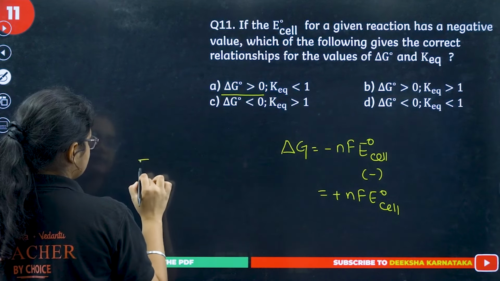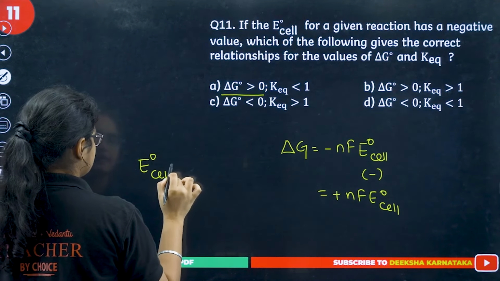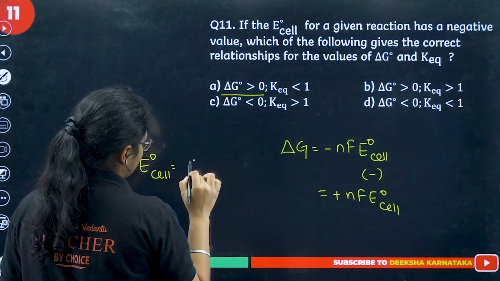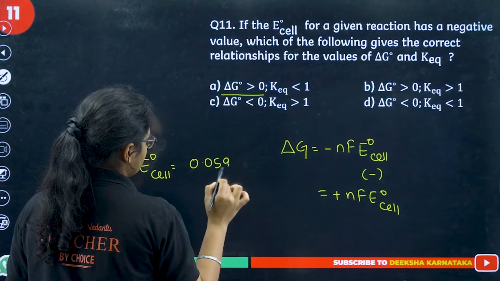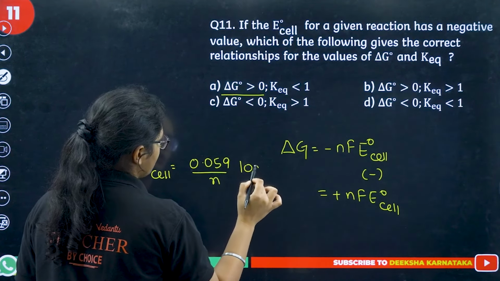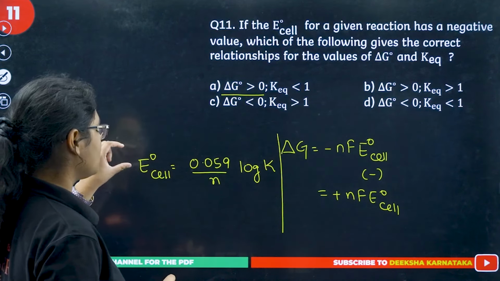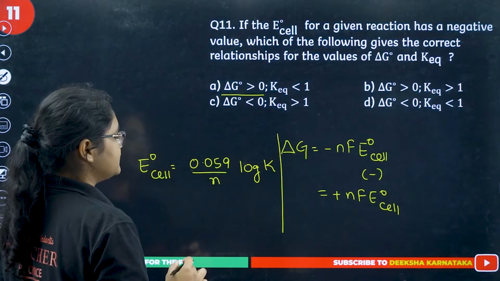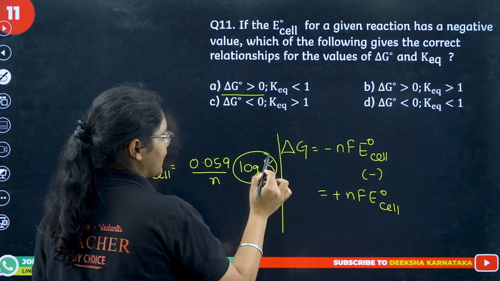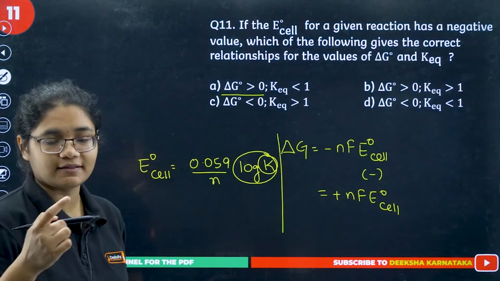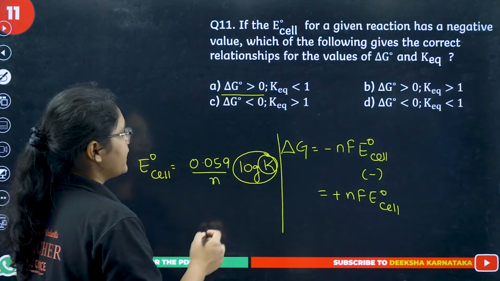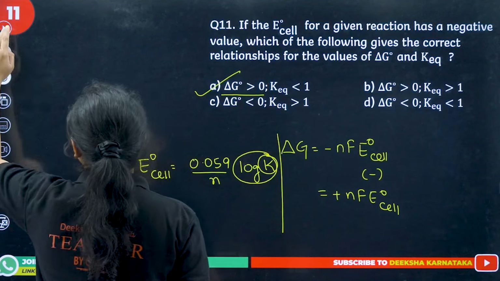I can write like this, E naught of the cell = 0.059/n log K. Now what happens if E naught of the cell is negative? That means this value has to be negative, and for log value to be negative, the value of K should be less than 1. So K is less than 1, which is option number A.